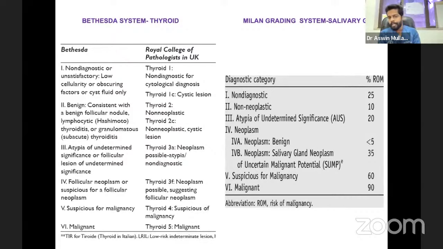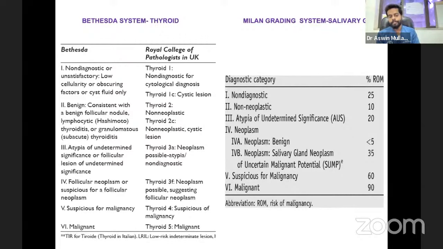Similarly, in the Milan system for salivary gland, one is non-diagnostic. In both Bethesda 1 and Milan 1, it is non-diagnostic. That means the technique was inadequate, or the pathologist was not able to distinguish any cells, as it was only a hemorrhagic aspirate. That doesn't mean the patient doesn't have any disease.